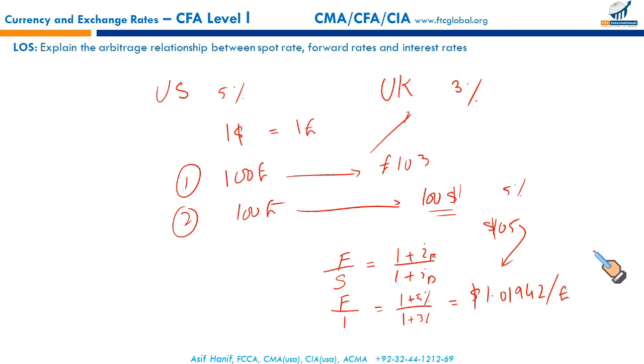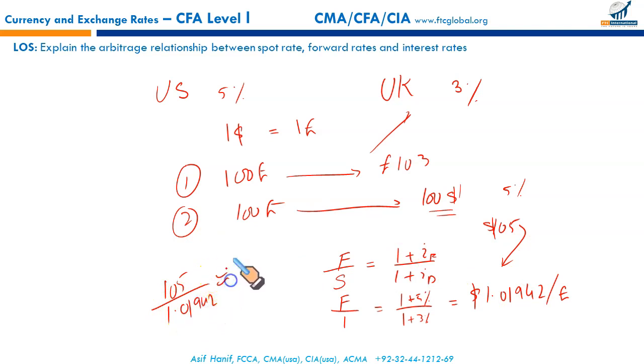This is going to be the forward rate. Now, when he converts these $105 back into pounds, let's see how much he receives: 105 upon 1.01942.